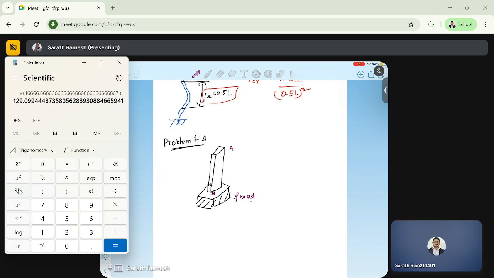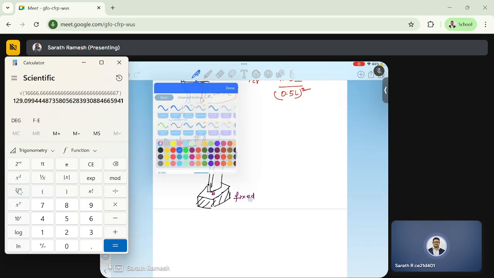Like let me draw. There is a plate, here one and here one. Okay, and my load is P acting like this. Fine.